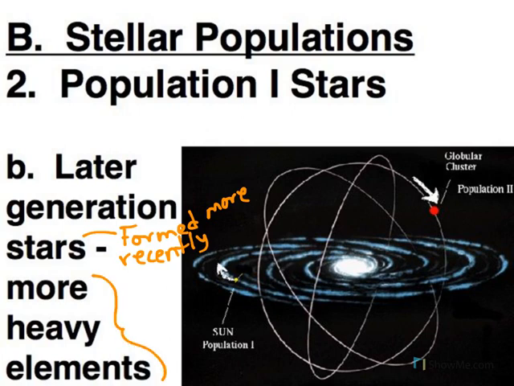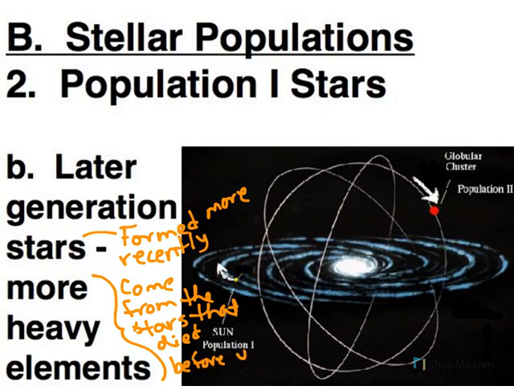So the heavy elements come from the stars that died before us. And so one of the things to remember, of course, in our own solar system, here on Earth, we have heavy elements. So if you remember, we're number 1, we have heavy elements, so population 1 stars have heavy elements.